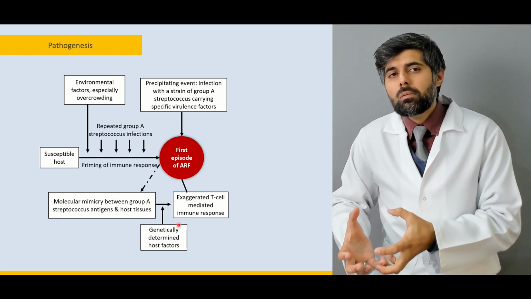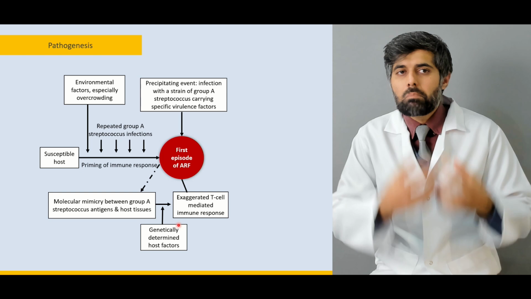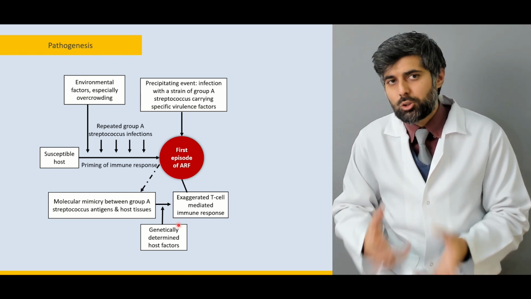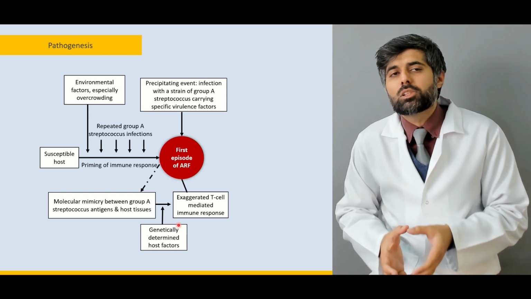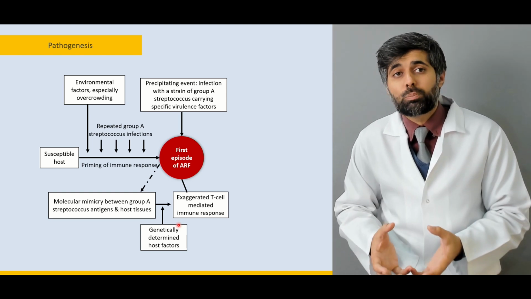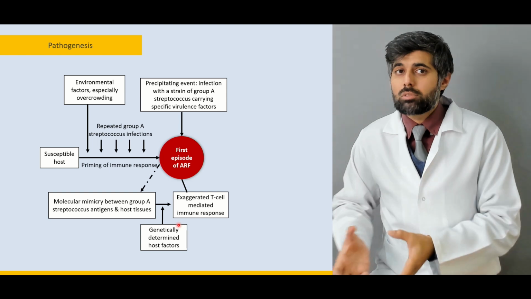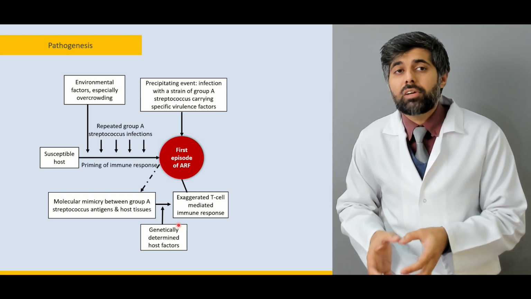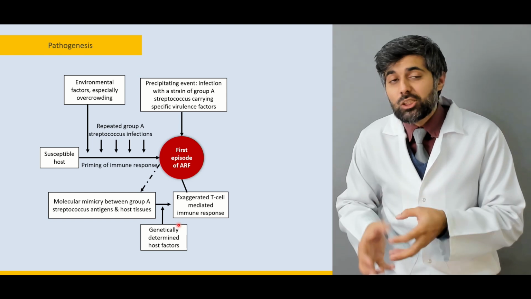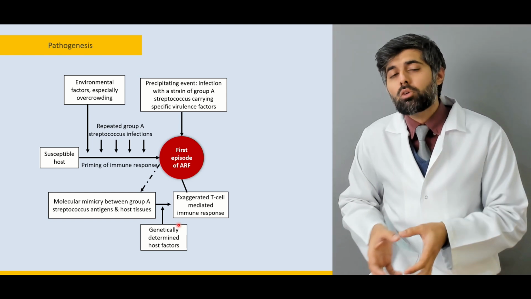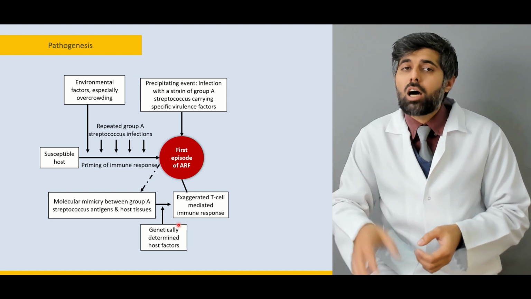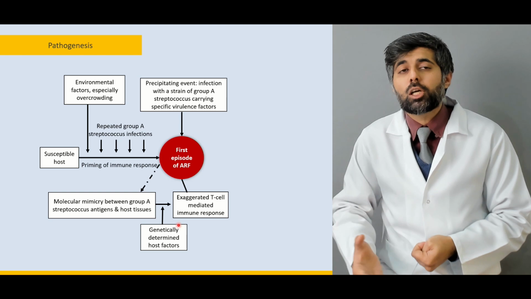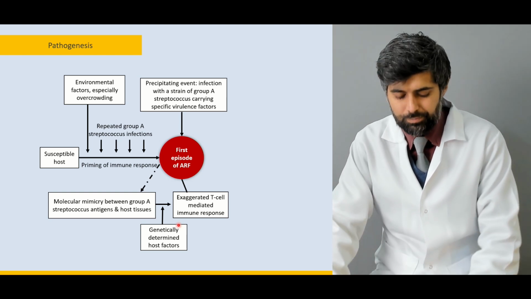But the theory containing the mimicry is the one that has more evidence to it. Still, some studies support that group A streptococci are also found in the areas of damage, especially the leaflets of endocarditis, which develops after the carditis event of acute rheumatic fever.